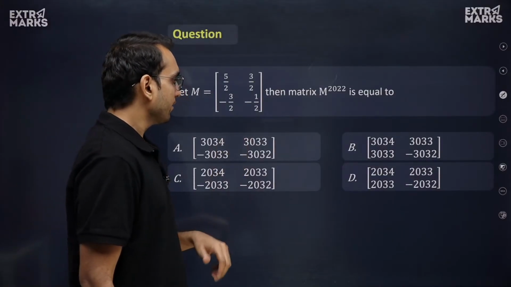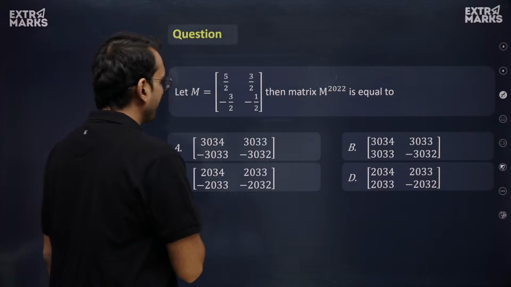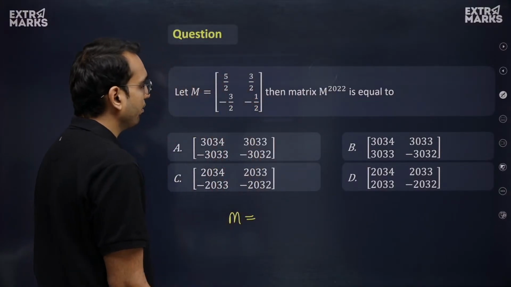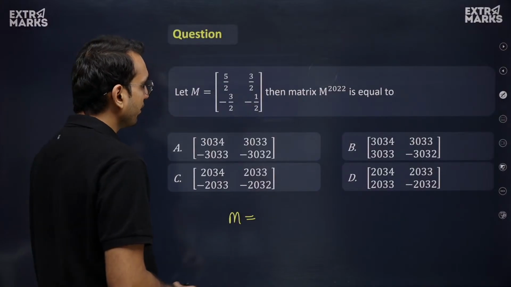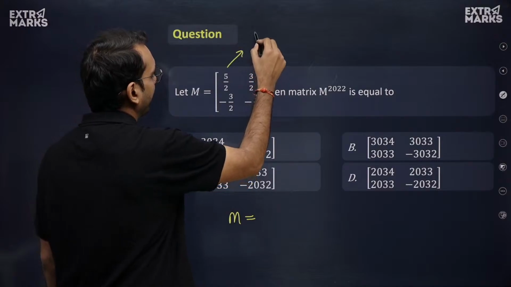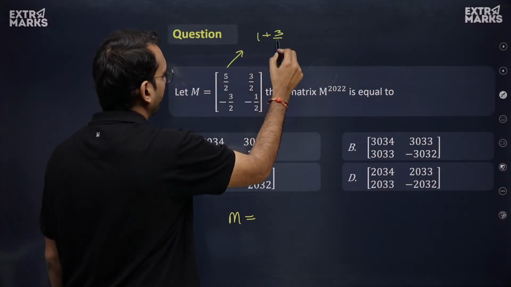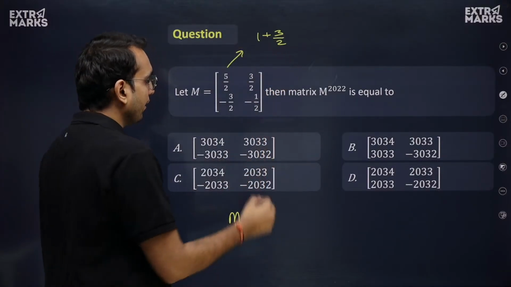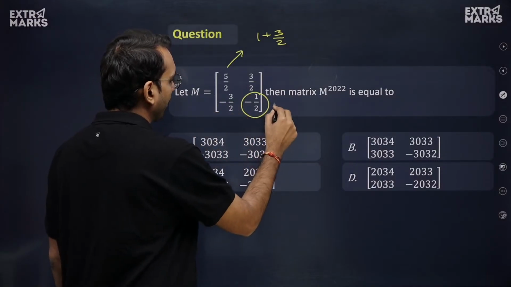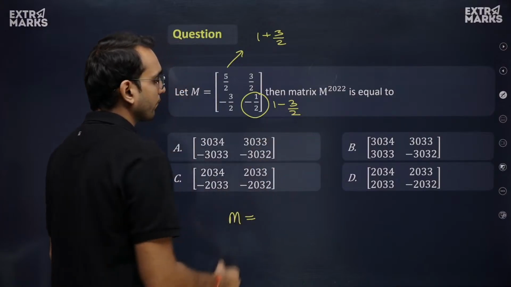So the thing is, we can say that if M is equal to this, can we break M in terms of I, that is, the identity matrix? So I can break this 5 by 2 as 1 plus 3 by 2, right? And this minus half, I can break it in the form of 1 minus 3 by 2.